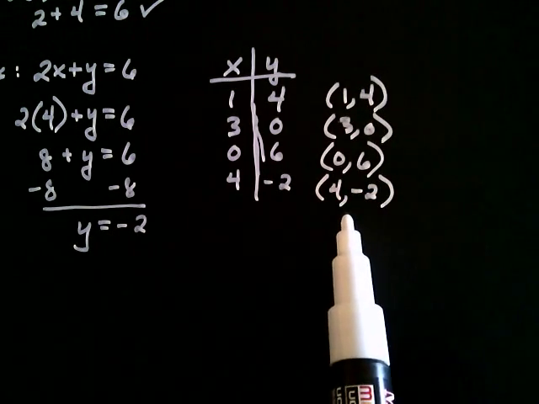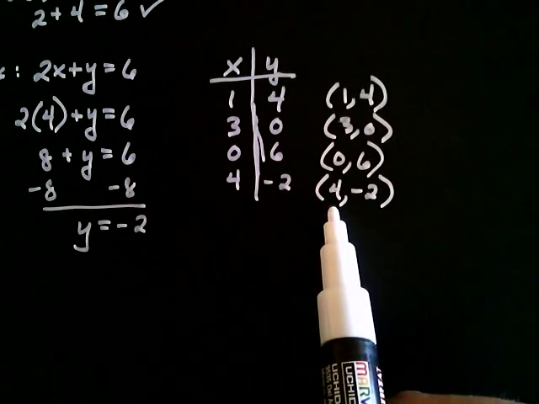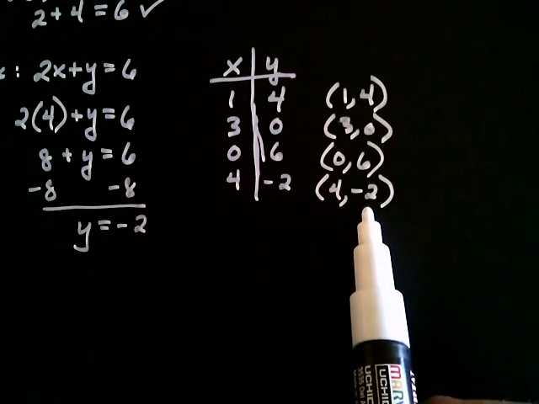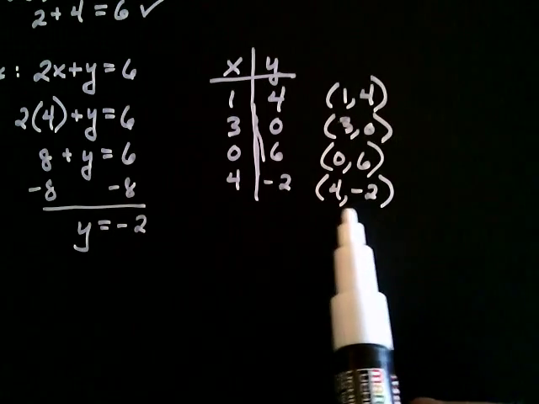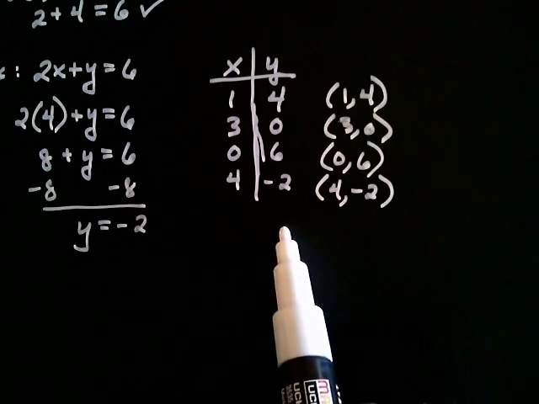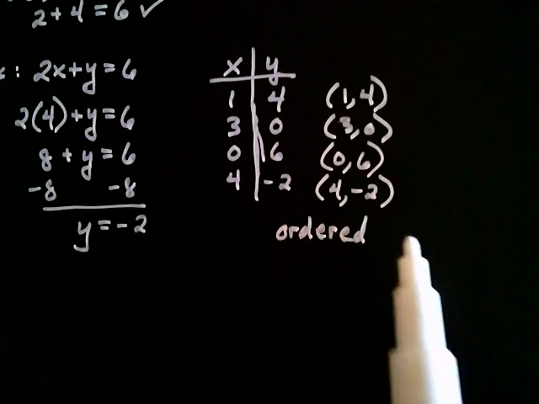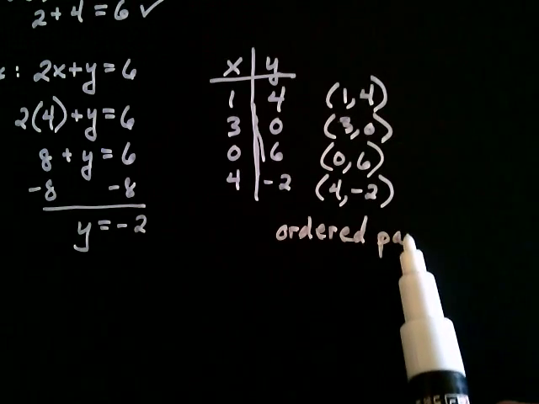The order certainly matters. This number refers to the x coordinate, and that number refers to the y coordinate. So not only is this a pair of numbers, it's an ordered pair, because the order in which you write it matters.